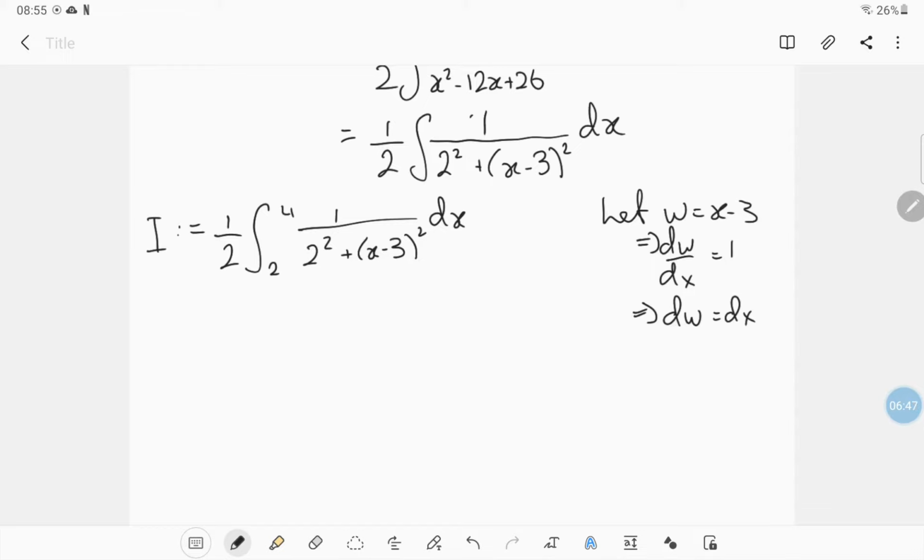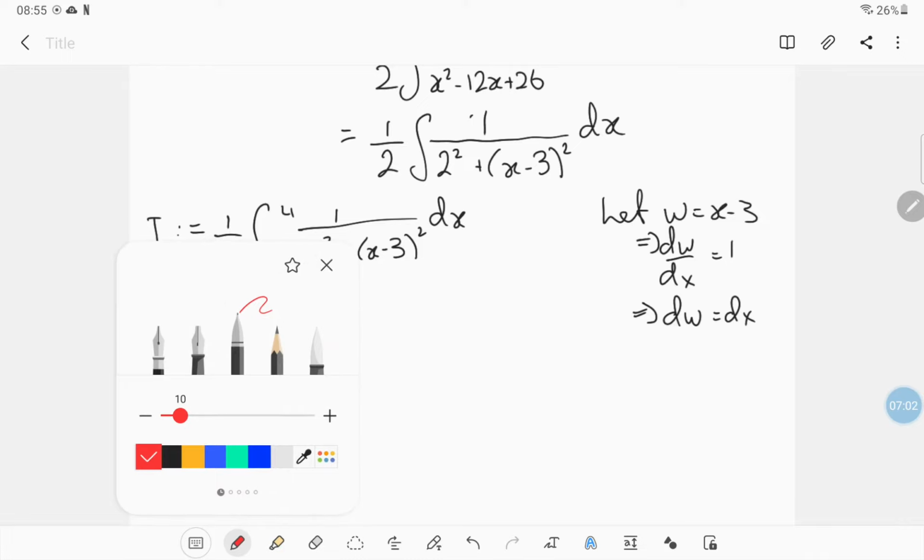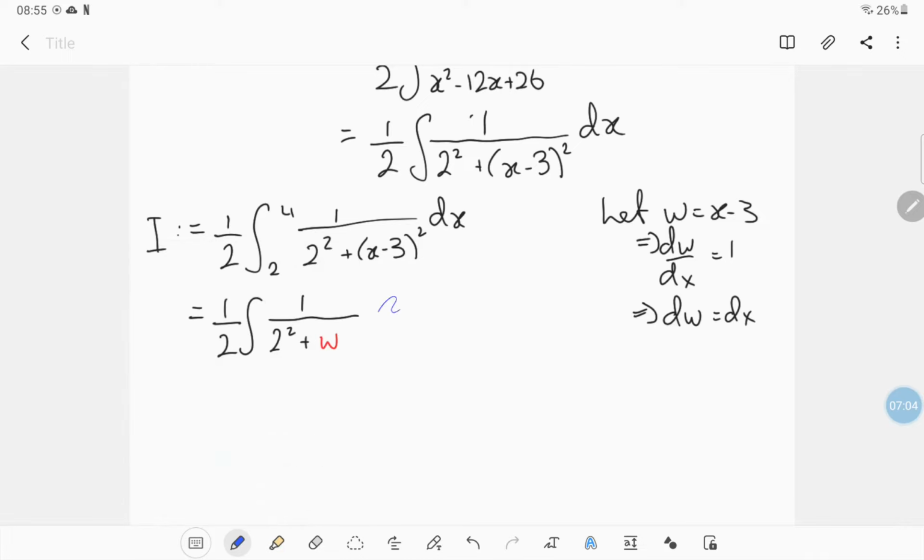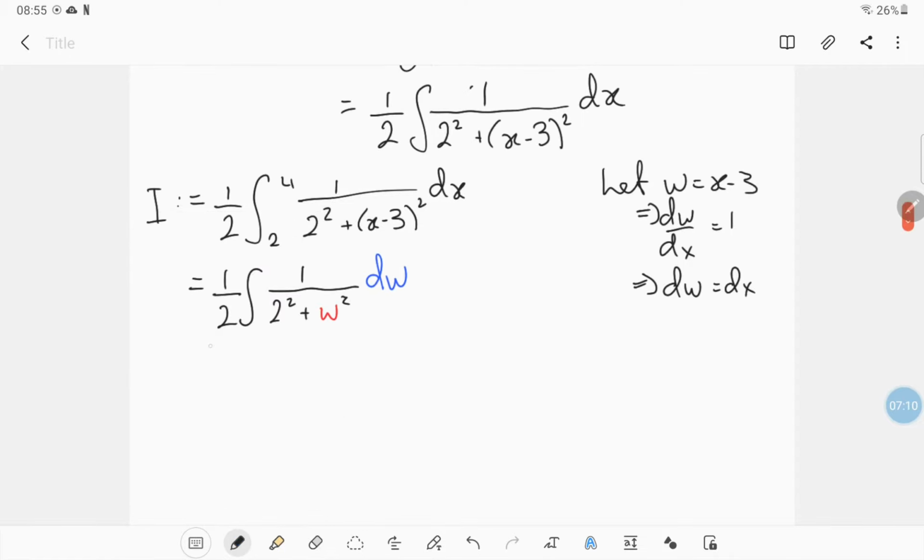Now when you go from x to w, you really shouldn't use the same limits. You can change limits, but I think it's better to suppress them, so just forget about them for a line or two. So now this is in the table, so we can anti-differentiate.